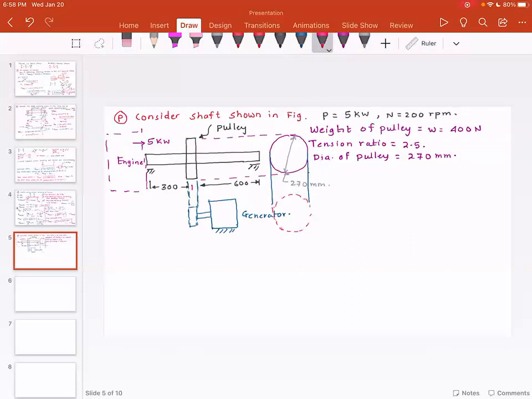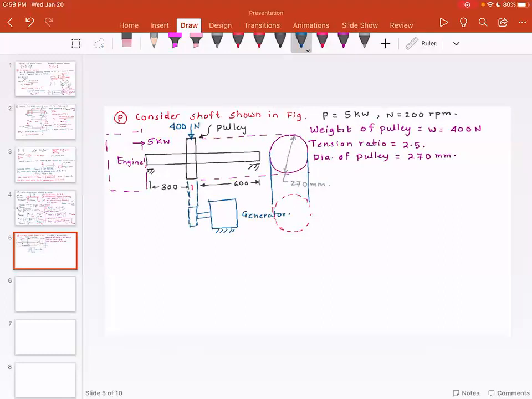This belt drive is driving this generator. And this is quite a large pulley. 270 millimeter is quite large. The weight of the pulley is 400 Newton, which is approximately 40 kilograms. So you have a 400 Newton pulley.